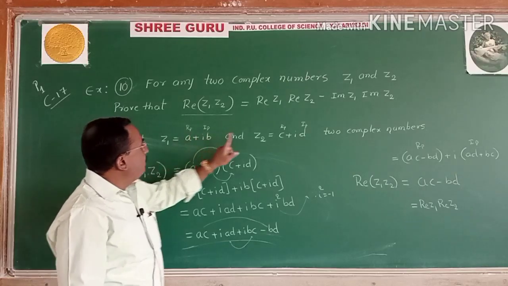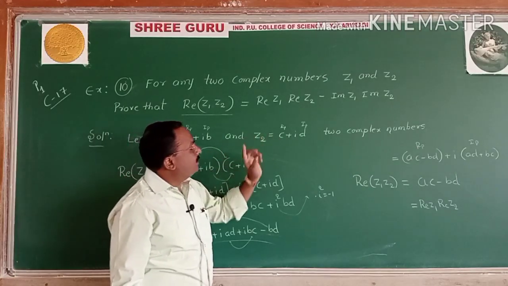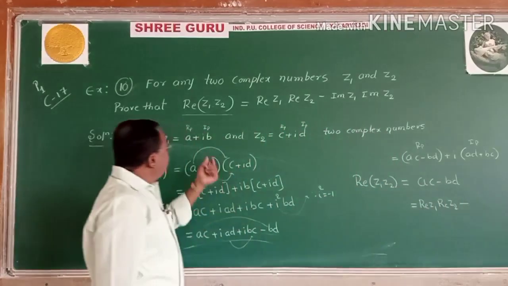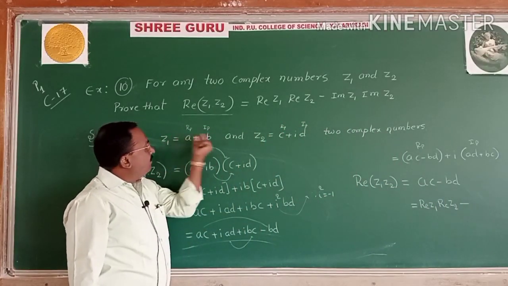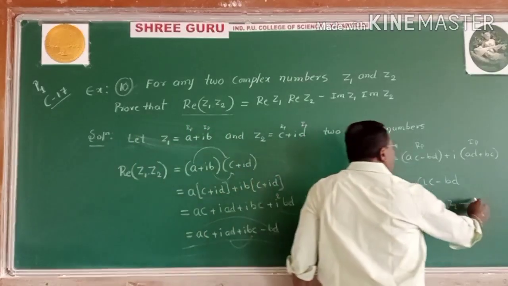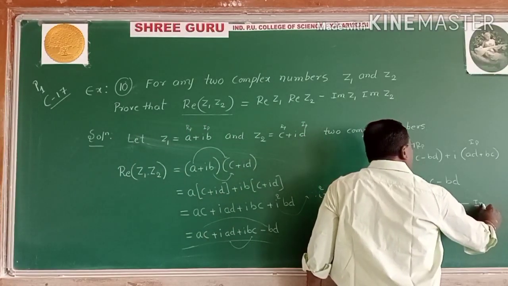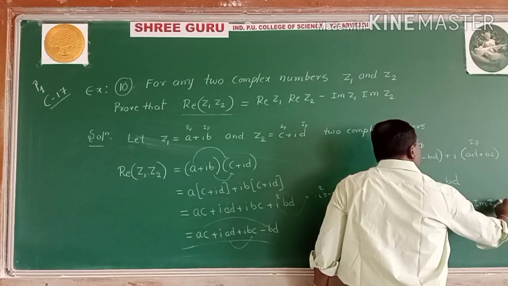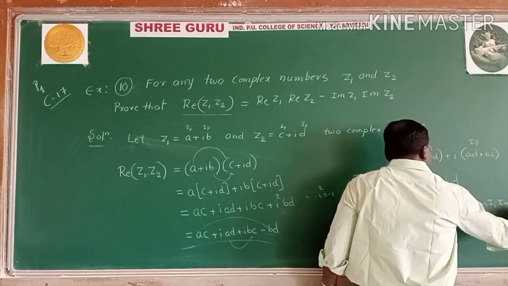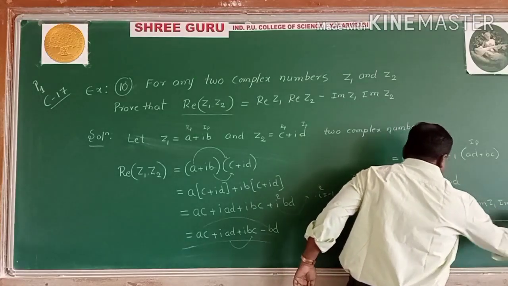Real part of Z1. c is what? Real part of Z2. Minus, b is what? Here b is the imaginary part of Z1. d is what? Imaginary part of Z2. Imaginary part of Z1 into imaginary part of Z2. This is hence proved.